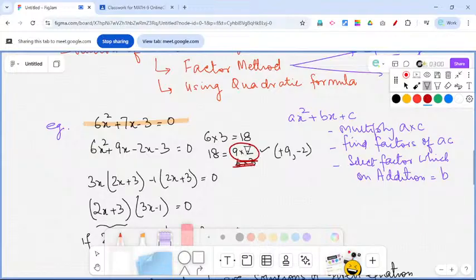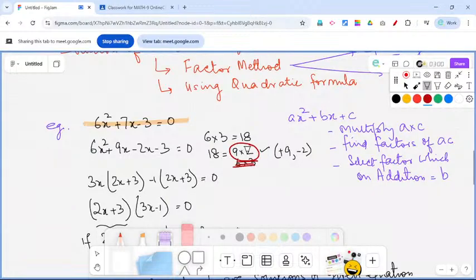Suppose मैं अगर ऐसा आपको क्वेश्चन देता, if I write factorize 6x square plus 7x minus 3 is equal to 0.